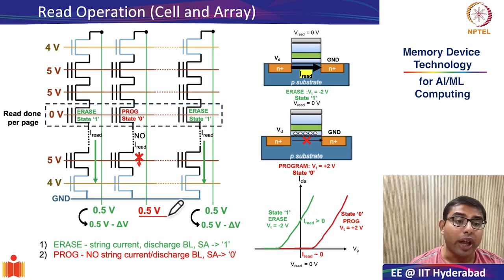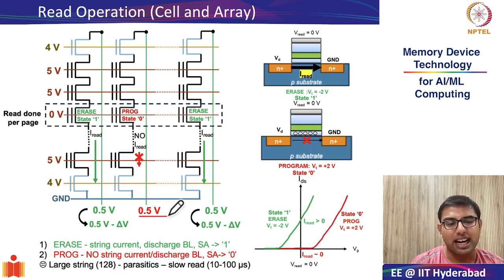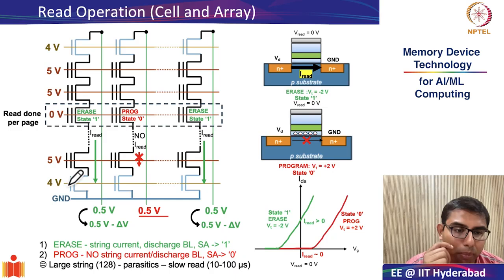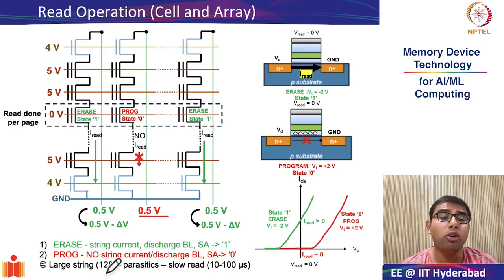Okay, one important thing to understand is that in modern day NAND flashes, the length of each string, or the number of word lines pertaining to each string, is very large. So this causes a huge amount of parasitics, and this effectively slows down your read operation to roughly 10 to 100 microseconds per page. So this is the price that you have to pay for having large integration density.